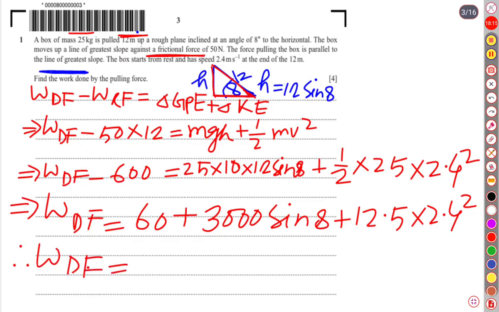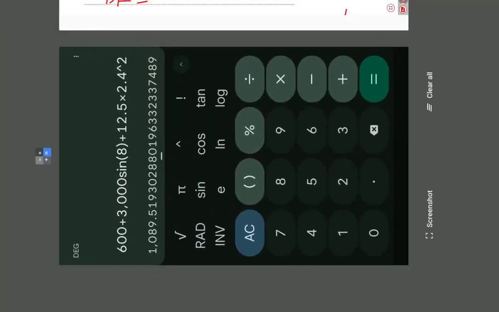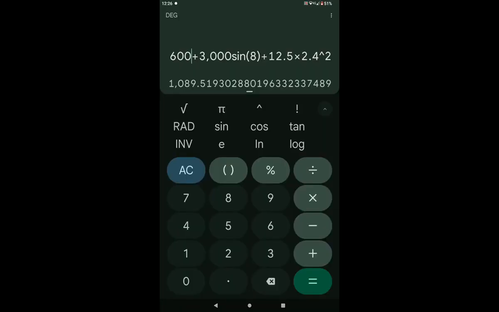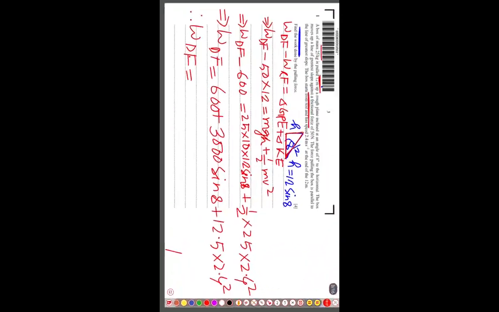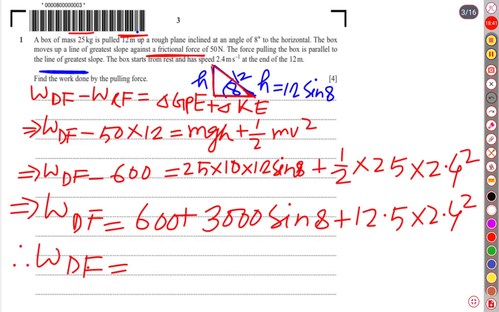Let us use our calculator: 600 plus 3000 sine 8 plus 12.5 into 2.4 squared is equal to 1089.52.